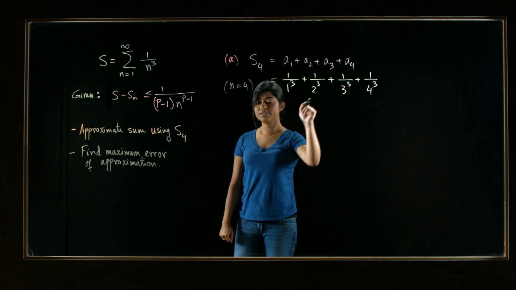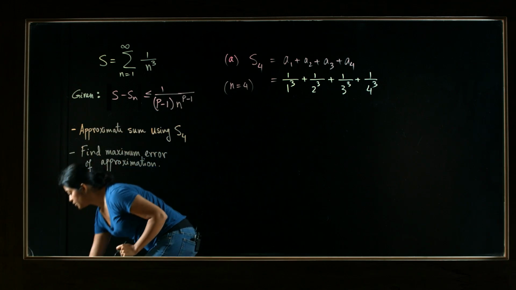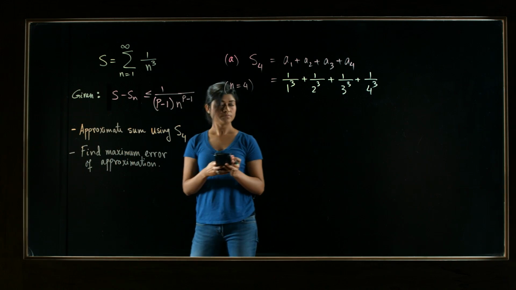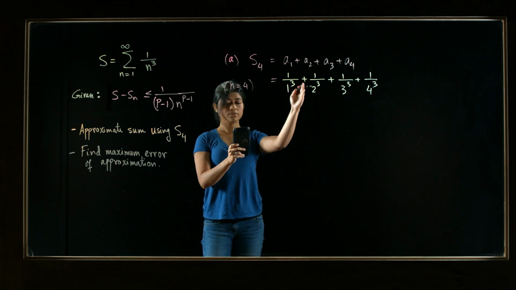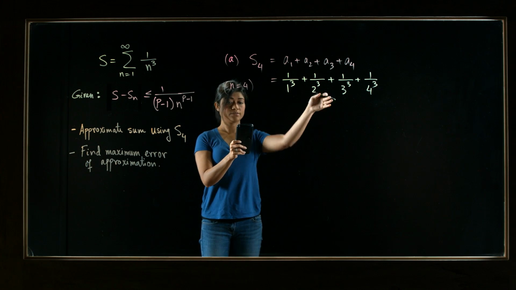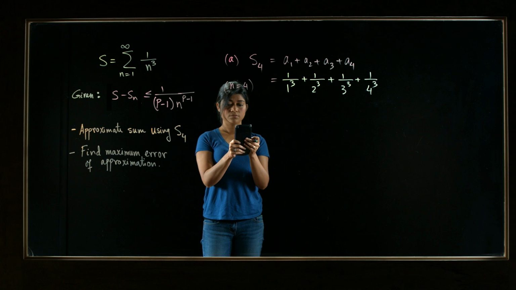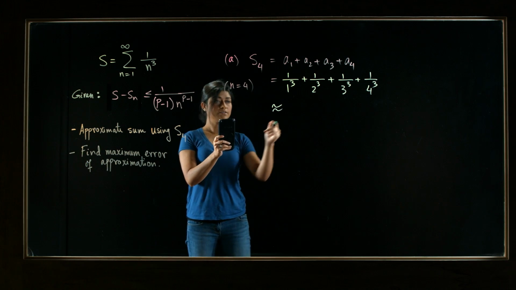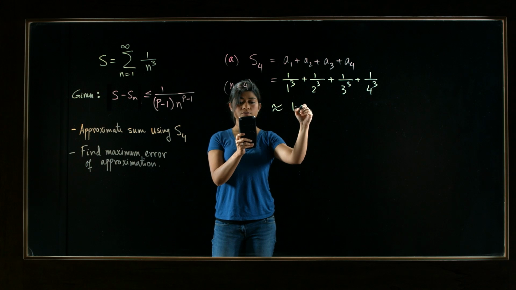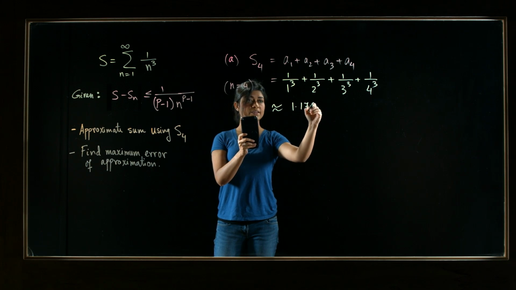Okay, so let's calculate this sum using a calculator. Note that the first number is just 1, and then 1/8 and so on. The sum is approximately 1.178.